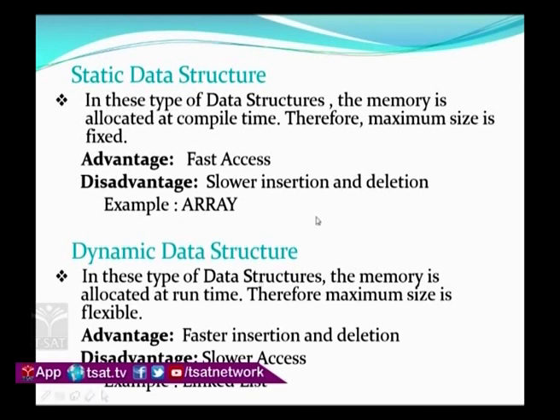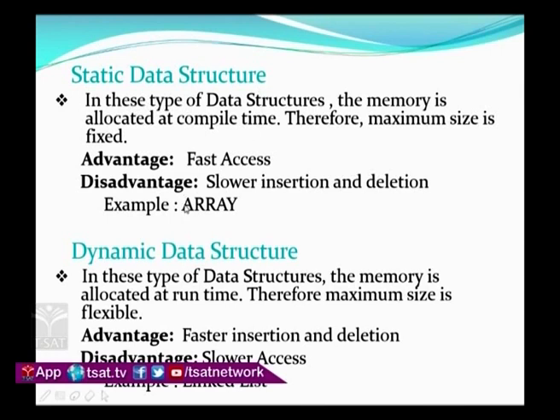Besides linear and non-linear data structures, linear data structures are again divided into two types: static data structures and dynamic data structures. A static data structure means the memory is allocated at compile time itself. Whenever you write a program and create a static data structure, you initially have to specify how much memory is required for it. For example, arrays come under static data structures.